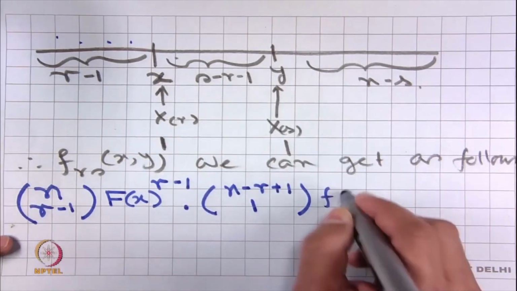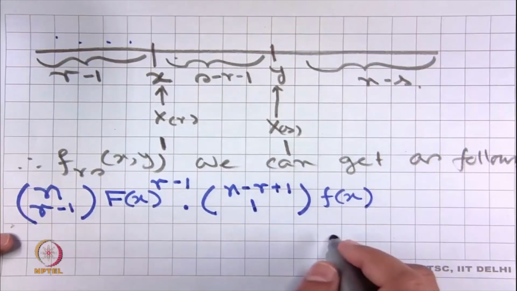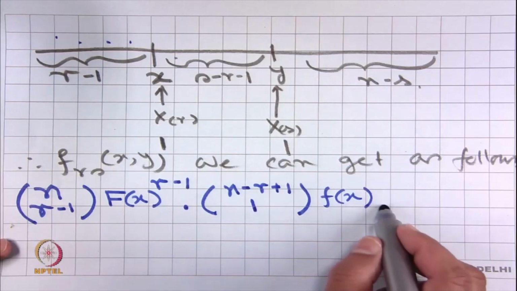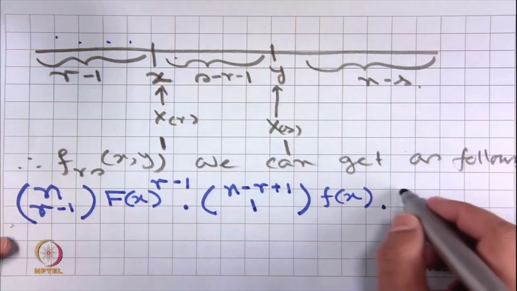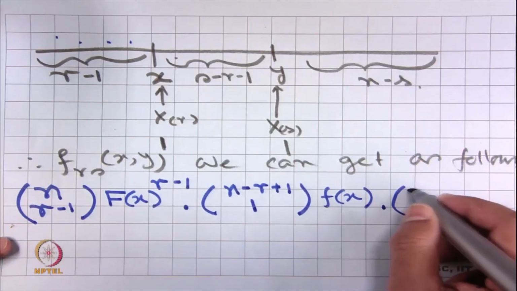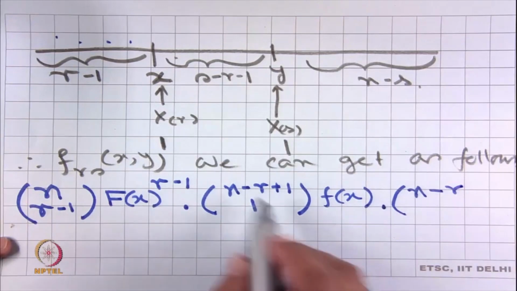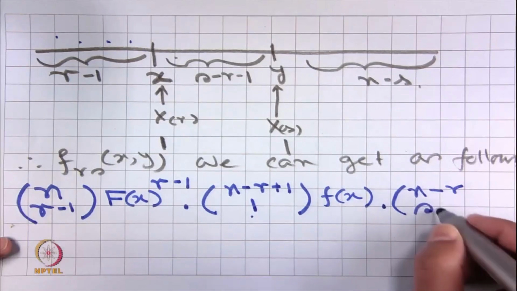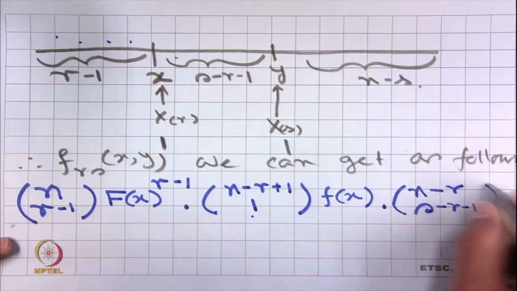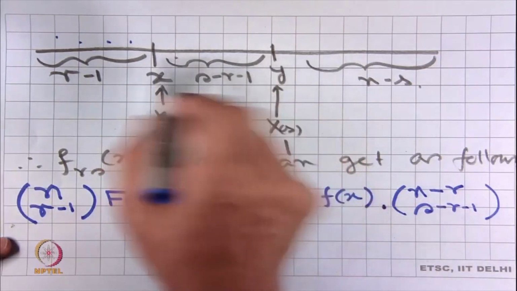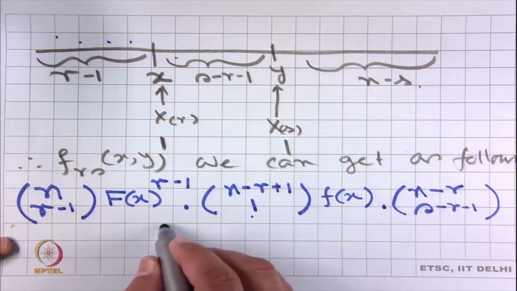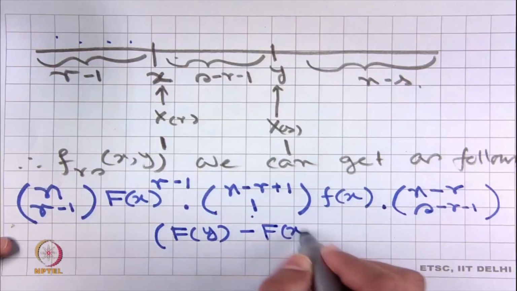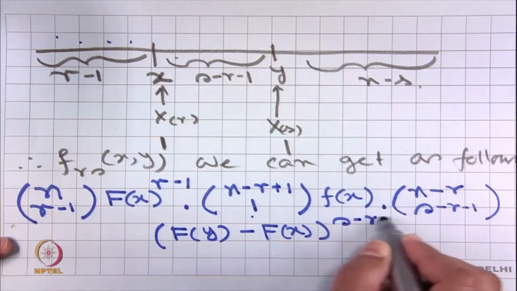We know that for that we will get an f x. We have seen it when we were doing it for only the rth order statistic. Now, how many are remaining? n minus r plus 1, out of that 1 I have taken, so n minus r are remaining. Out of that, s minus r minus 1 are chosen to be within this interval, and that probability is going to be F y minus F x whole to the power s minus r minus 1.